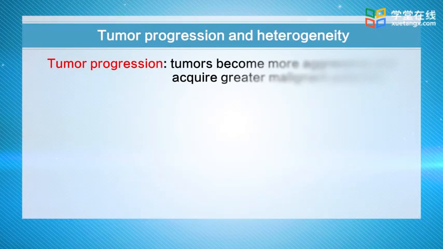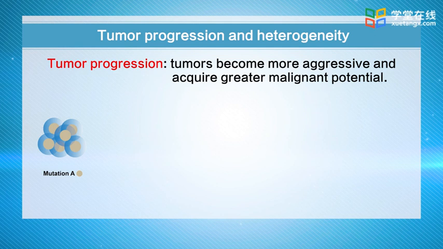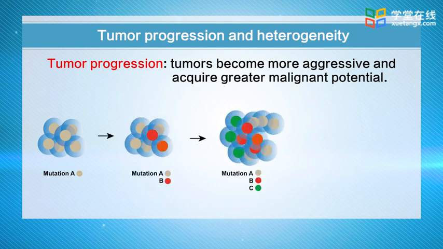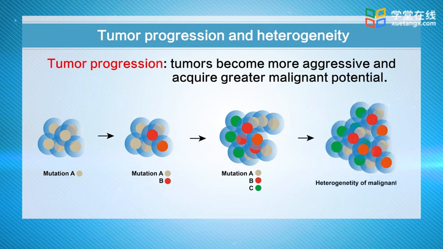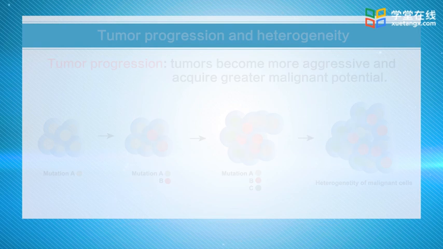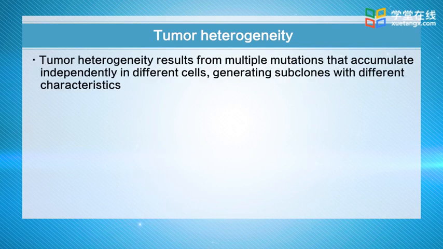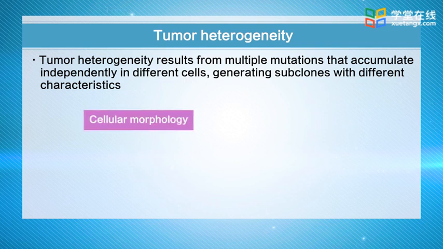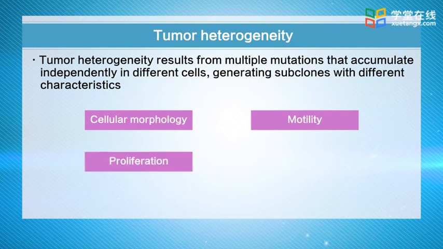During its growth, the tumor becomes more aggressive and acquires greater malignant potential over time. We call this ability tumor progression. Tumor heterogeneity describes the phenomenon that different tumor cells can show distinct morphological and phenotypical profiles, including cellular morphology, mutability, proliferation, and metastatic potential.